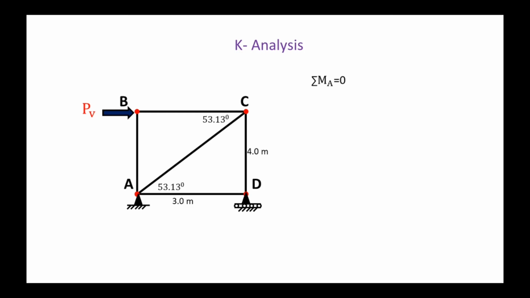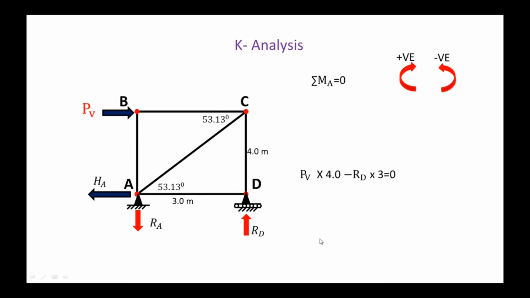Again, find the reactions. Sigma MA is equal to 0. Clockwise positive, anti-clockwise negative. These are our assumed directions of the reactions at joint A, HA and RA, and at joint D is RD. Now, sigma MA.